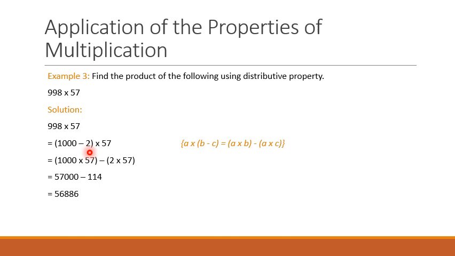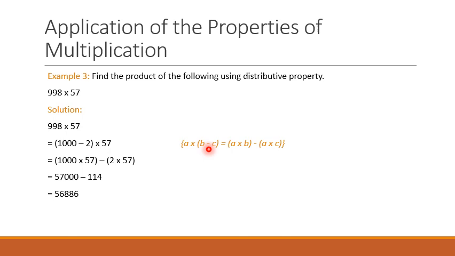So I have written 998 as 1000 minus 2. Now it is of the form A multiplied by B minus C. Here A is 57, B is 1000 and C is 2. So I can write it as A multiplied by B minus A multiplied by C using the distributive property over subtraction. In our previous example we saw the plus sign here, so the plus sign is replaced by the minus sign.